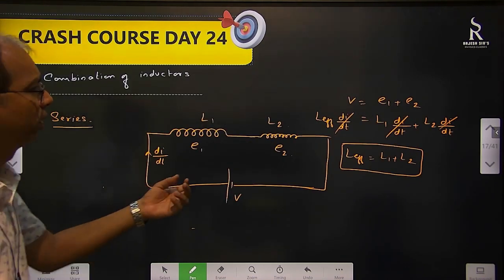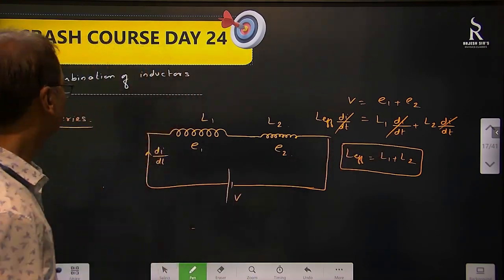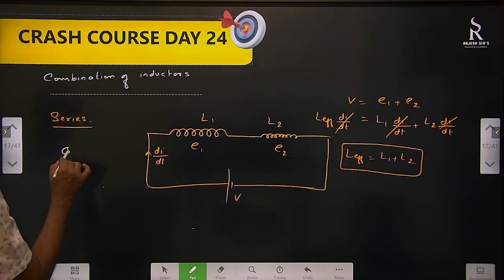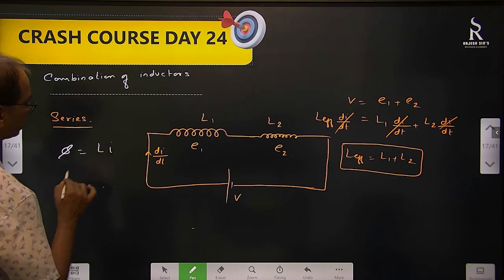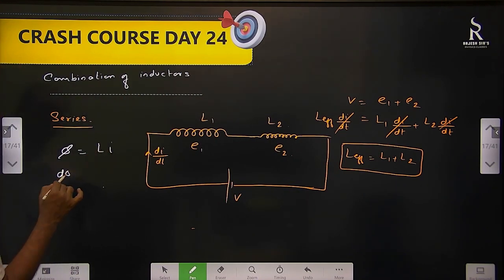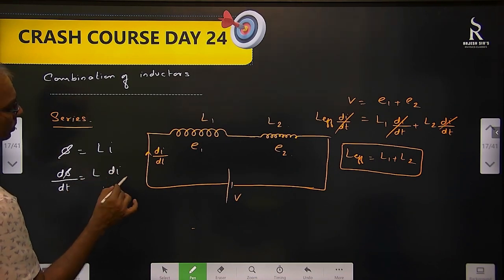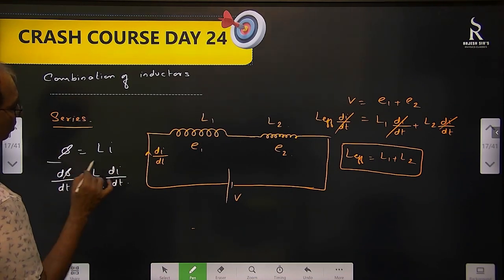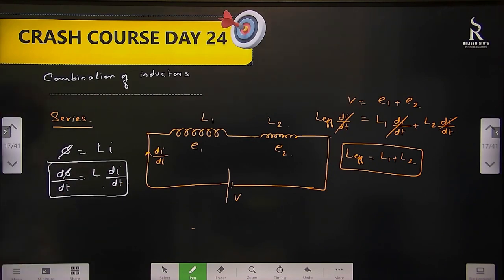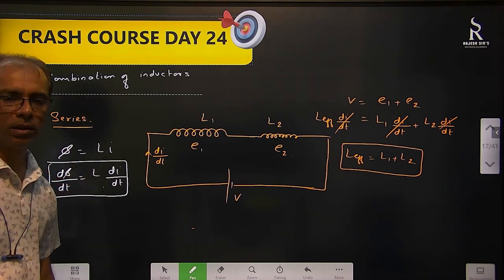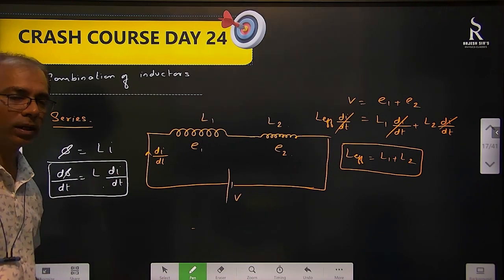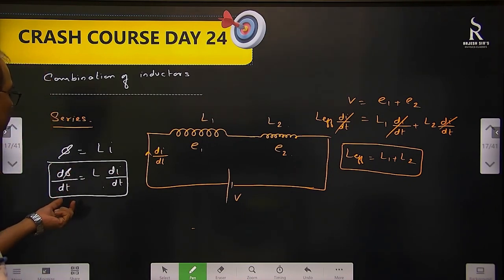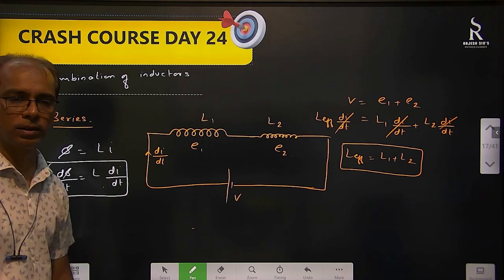Here also I have written L into di by dt. So flux we discussed. Flux was L into I. So d phi by dt will be EMF. L di by dt, because current only is changing. L is not changing. L is constant. So d phi by dt, which is EMF induced, is equal to L di by dt. And even in mutual inductance also, d phi by dt will be M dip by dt.